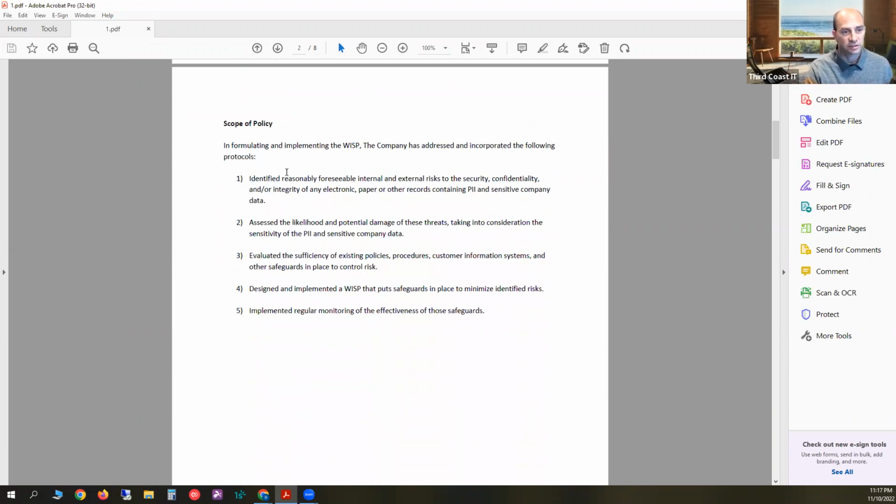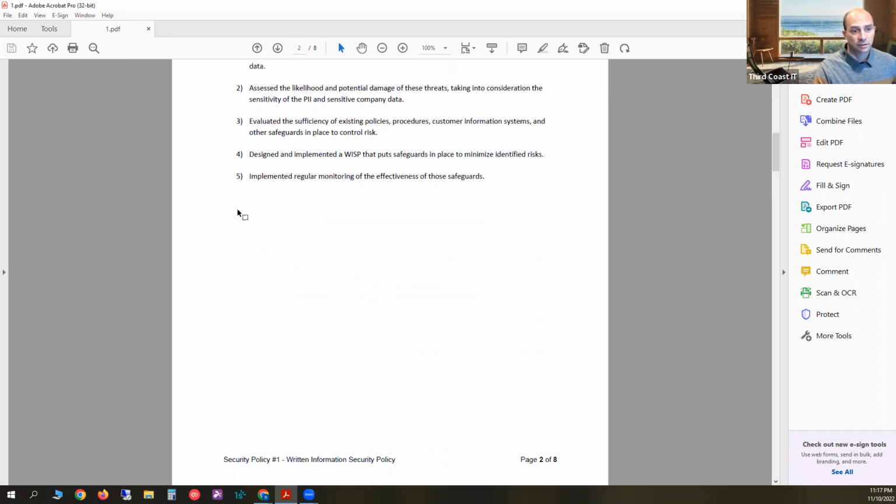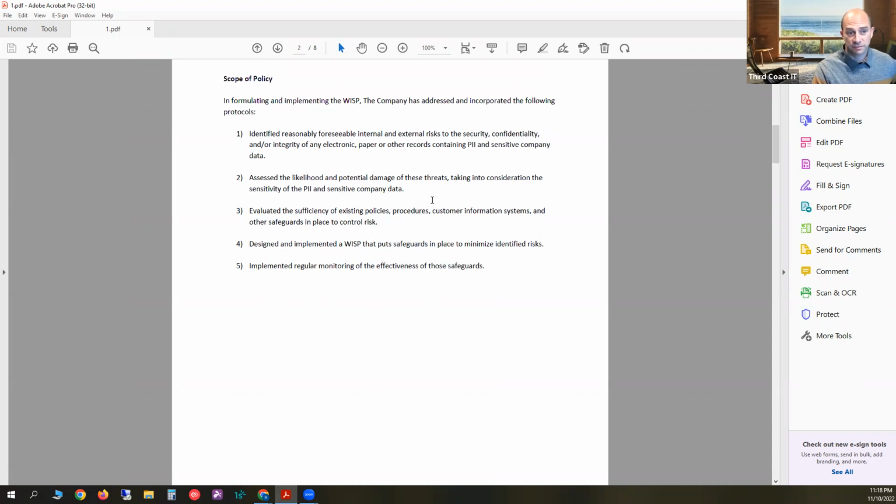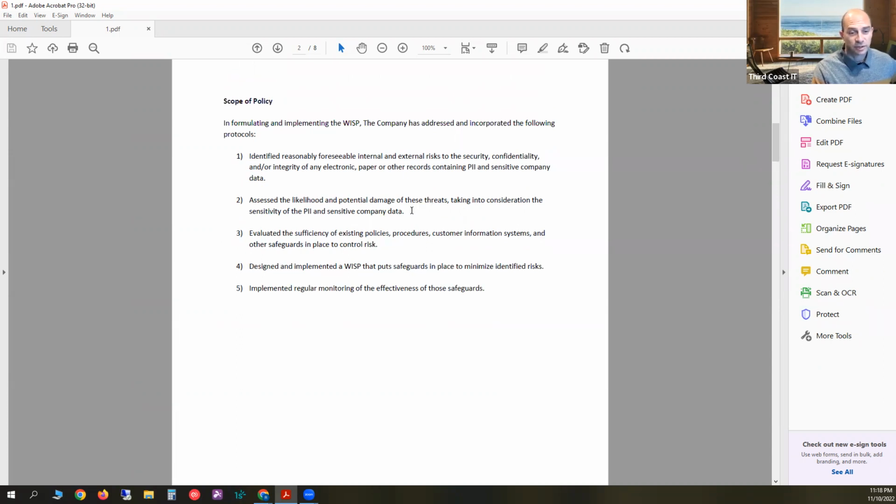So as we move on, we see the scope of policy, and again, looking ahead, seeing if we can make sure that we stay safe, and we evaluate the existing policies and procedures, which is why we do this before our risk assessment. Designed and implemented a plan that puts safeguards in place to minimize identified risks, and implemented regular monitoring of the effectiveness of those safeguards. So there is no end to compliance.